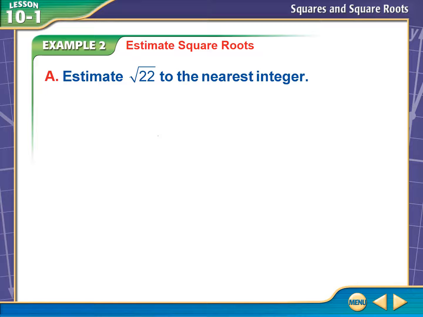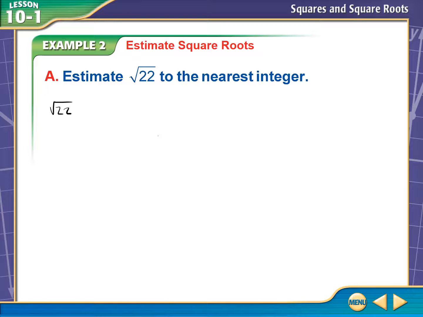All right, so all the examples that we worked on before were perfect squares, okay? But now what we're going to look at is estimating square roots of things that are not perfect squares. So if I take the square root of 22, well, let me start over here.